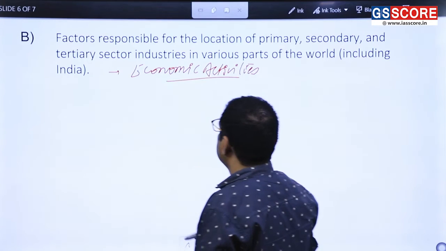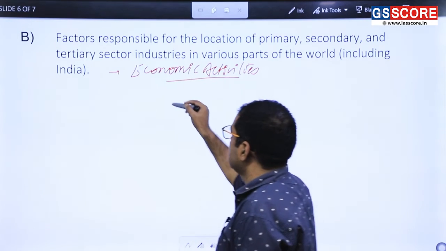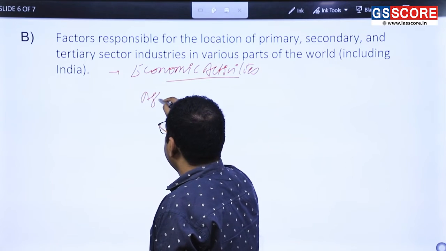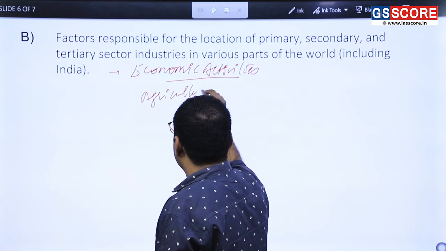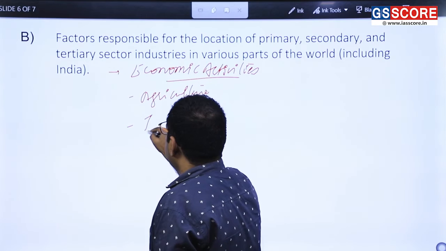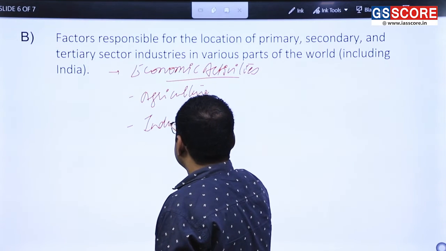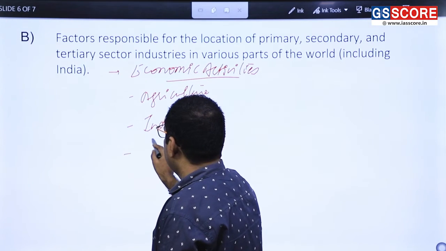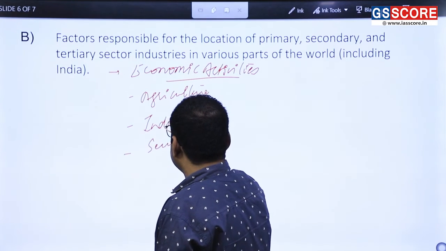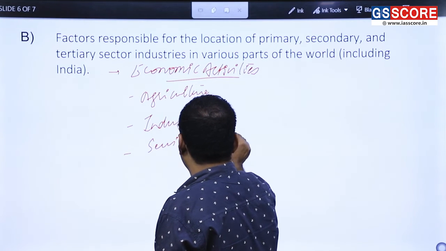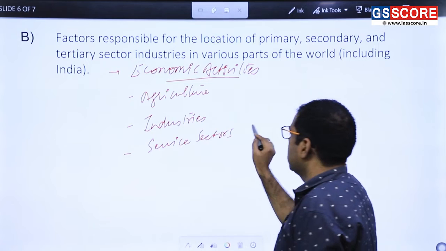Economic activities include agriculture, industry, and the service sector, right?